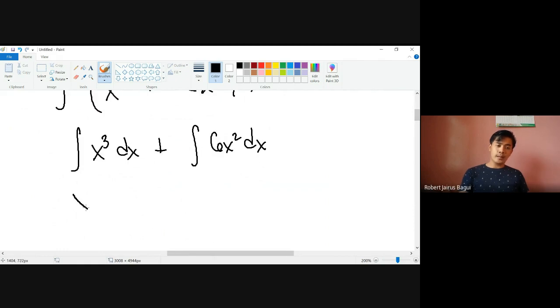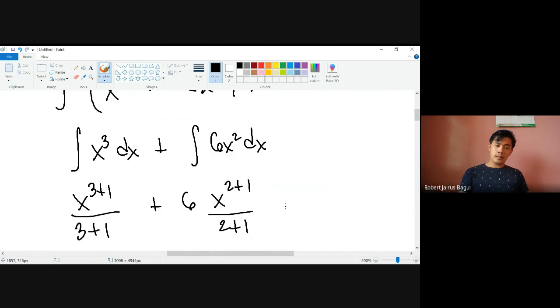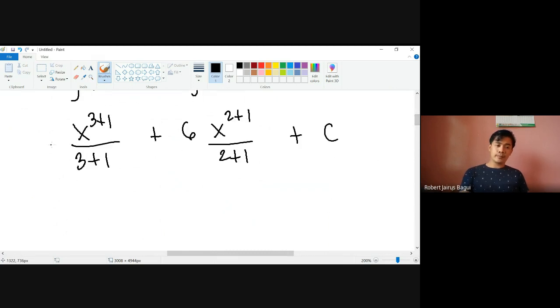Final answer would be 3 plus 1, although pwede na rin maidiretso yung plus 4 na agad. Plus 1 lang naman ilalagay. So ito, lalabas yung 6. So 6, 2 plus 1, 2 plus 1. Plus C. Huwag kakalimutan yung C. So ito na yung talagang final answer.